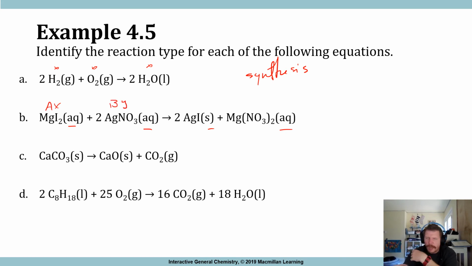Whenever I'm looking at A, X, B, and Y, what I'm pinpointing are ions, polyatomic ions and monatomic ions. I'm producing BX and AY. This is a double replacement.